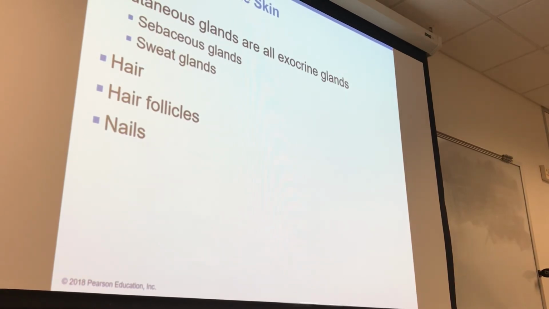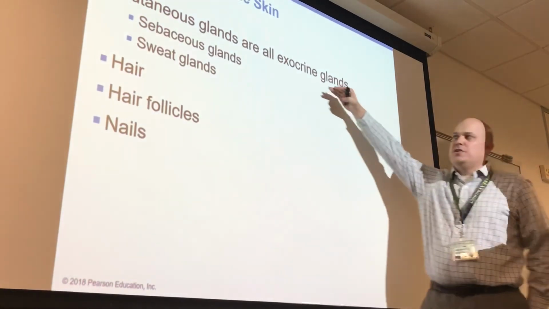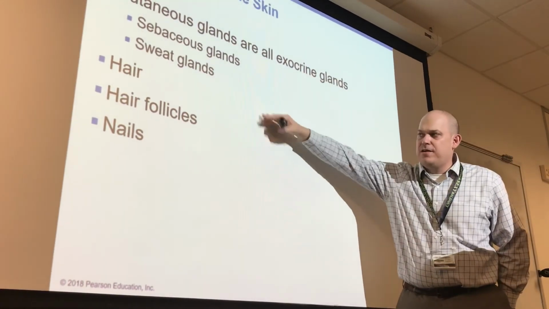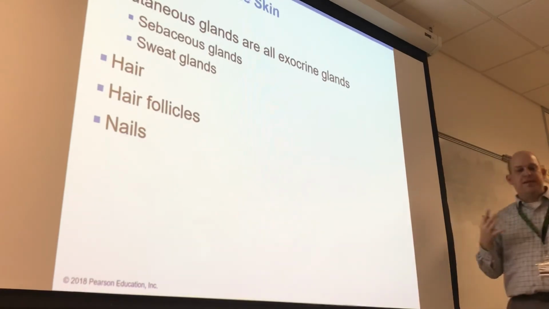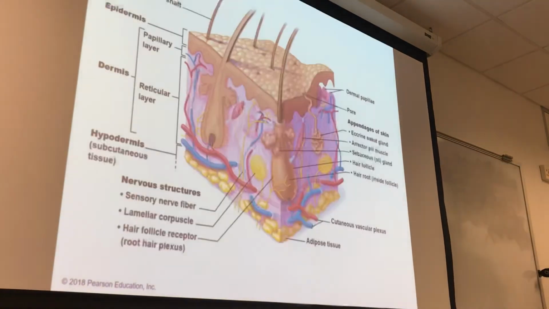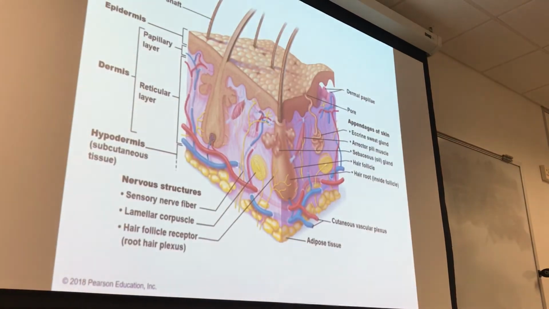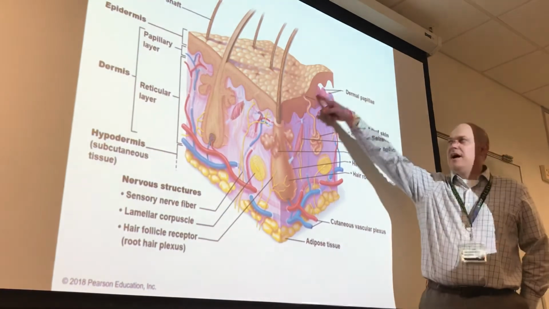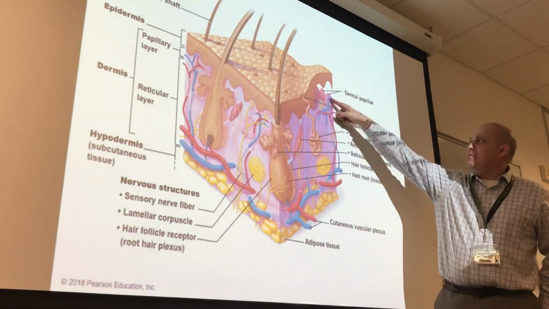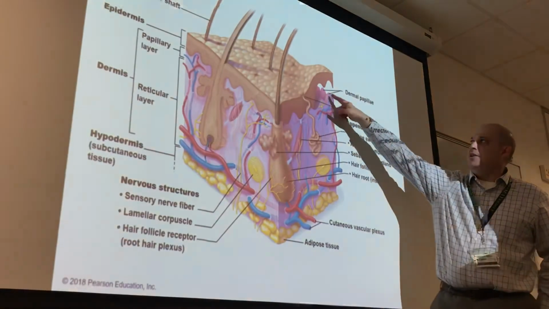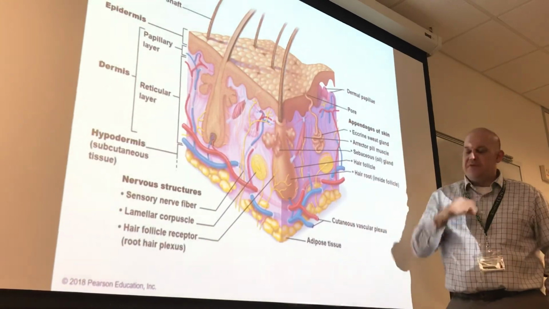So the components of the dermis. We have our oil glands, our sweat glands, we have hair, and we have nails. These are all the key appendages of our dermis. As we take a look at this same skin model from before, we've talked about the epidermis and its 5 layers. We've talked about the papillary layer with its dermal papilla giving us our unique fingerprints.